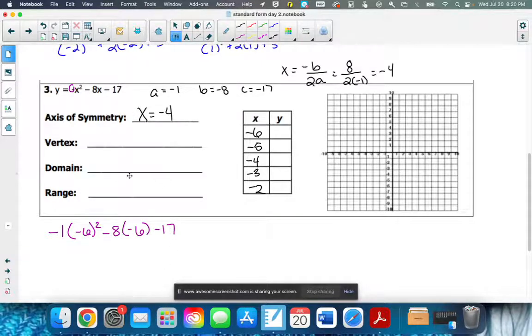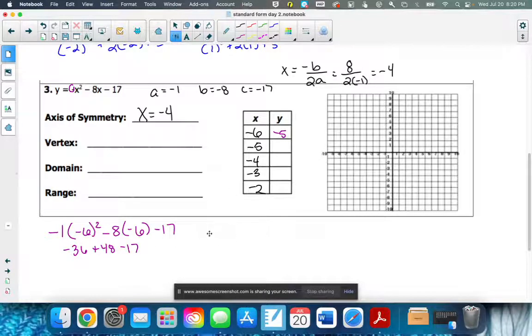So what you have is basically negative 1 times negative 6 squared minus 8 times negative 6 minus 17. Okay, so that is going to be negative 36 plus 48 minus 17. That's positive 12 minus 17. That's negative 5. Hopefully I got that right.